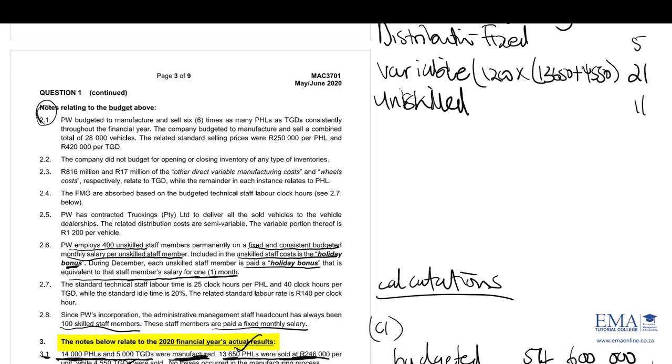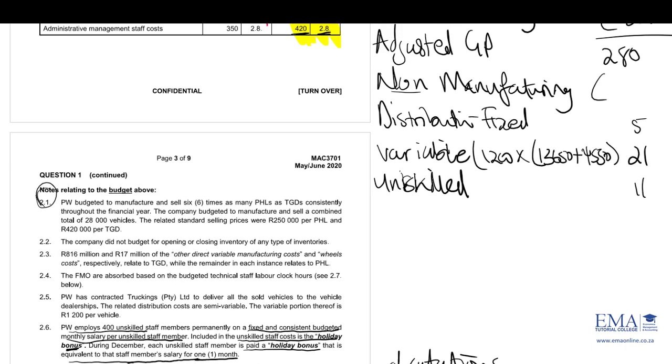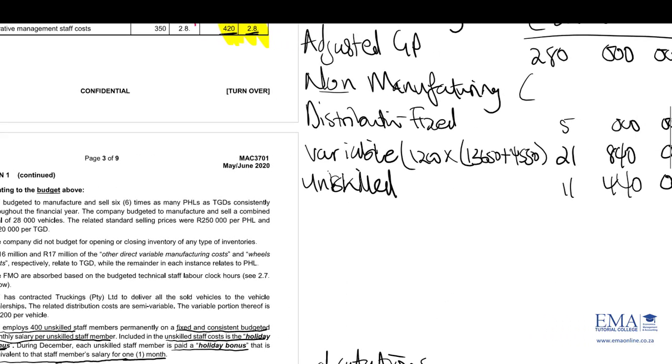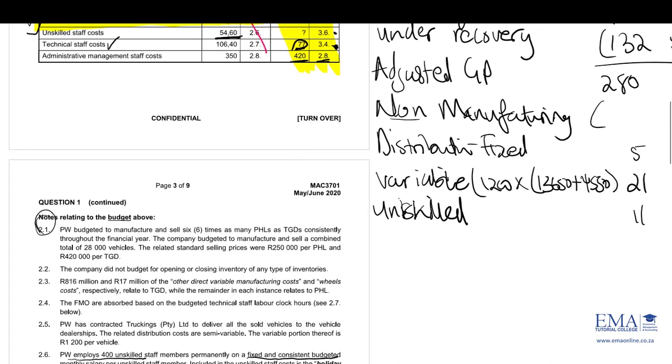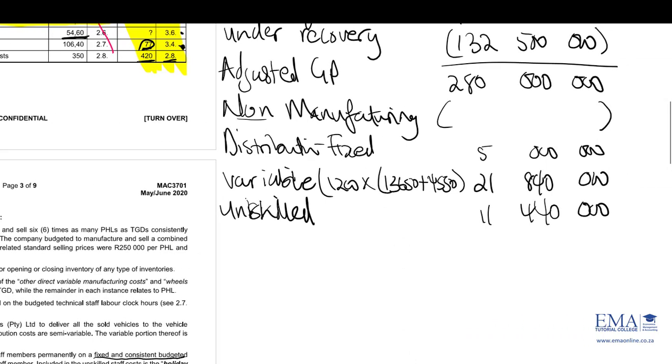So it means that they've always been there, so there were no changes to that amount. So it will still take the 420,000 as it is actually given.